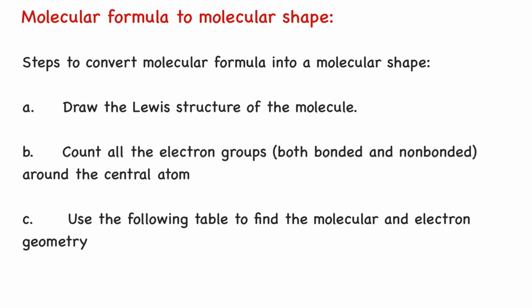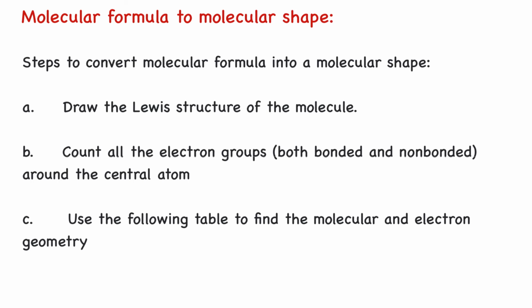One of the most common types of questions that we ask in the exam is, we give you a molecular formula and ask you to determine the molecular shape and the bond angle of that molecular formula. Now, here are the steps that we need to follow to convert a molecular formula into a molecular shape.